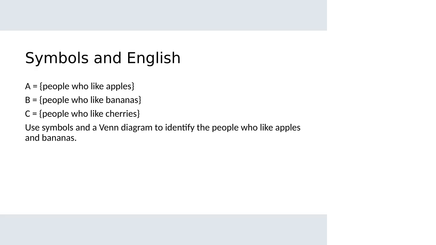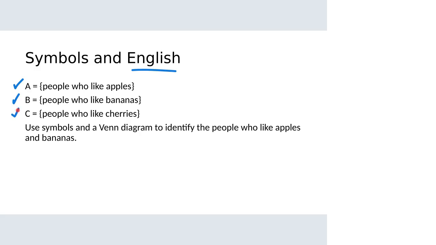So far, we've looked at taking symbols and turning that into a Venn diagram. Now we're going to bring in one new element where we incorporate statements that we're going to put in a Venn diagram. So we've been given these 3 sets. Set A is people who like apples. Set B is people who like bananas.